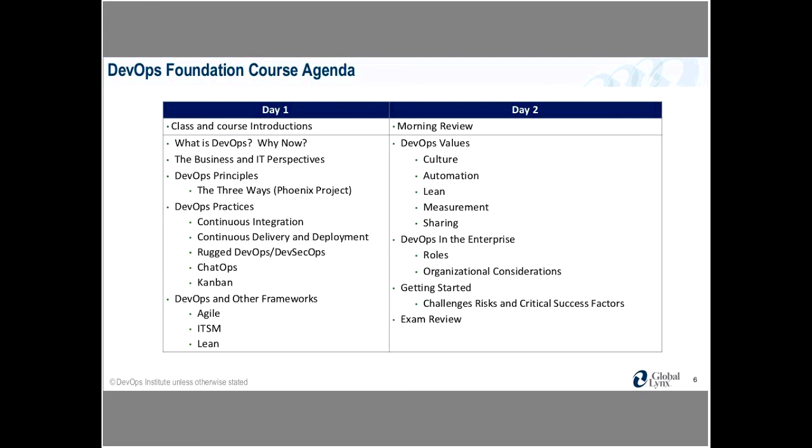We'll also talk about other organizational considerations and then talk about how you can get started, and also recognize that there are risks as well as critical success factors to implementing DevOps. So that's what we're going to be covering over the next 4 days.